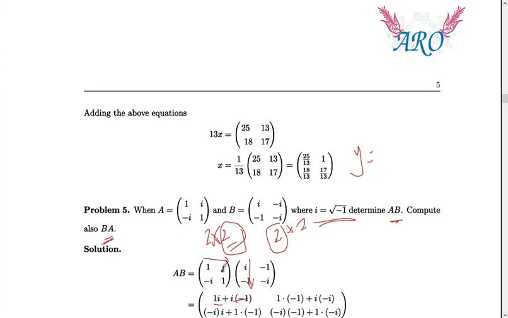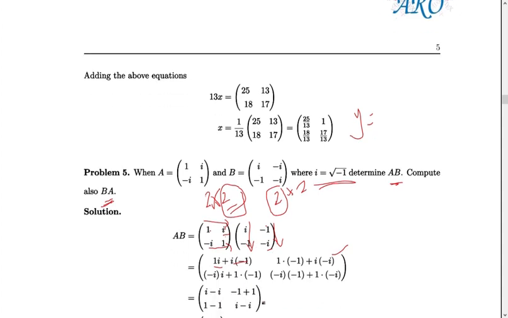Then we take this row and multiply by the second column: 1 into minus 1 plus i into minus i. That's the first row, second column element. Next, for the second row: minus i into i plus 1 into minus 1. And then minus i into minus 1 plus 1 into minus i. That's the matrix multiplication. We have to simplify this.